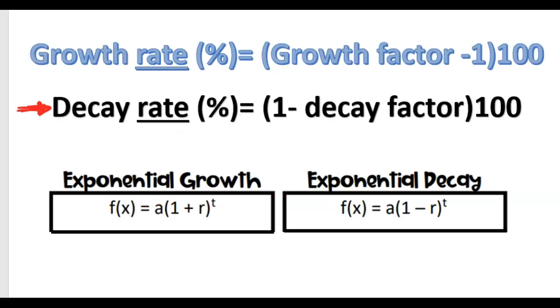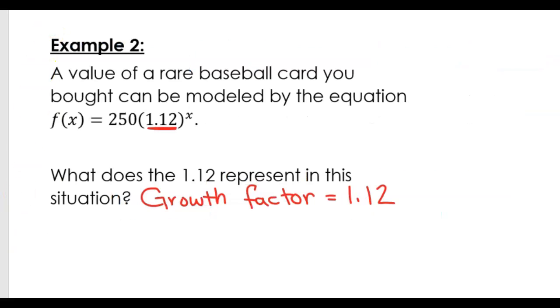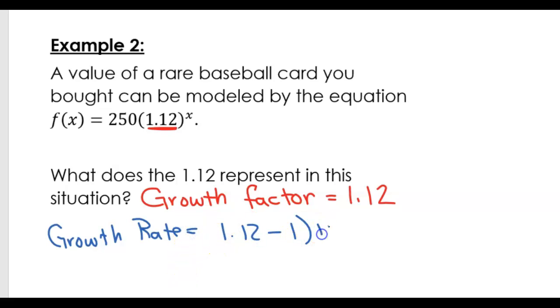To get the growth rate, I have to use this equation right here. So to get the growth rate, 1.12 subtract 1 times it by 100 to change it into a percent.